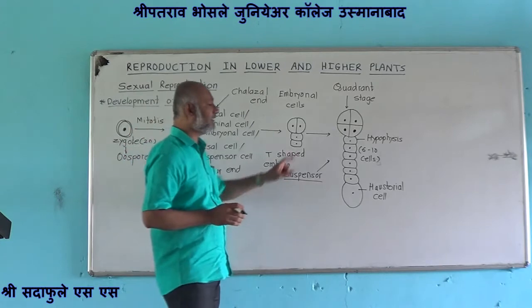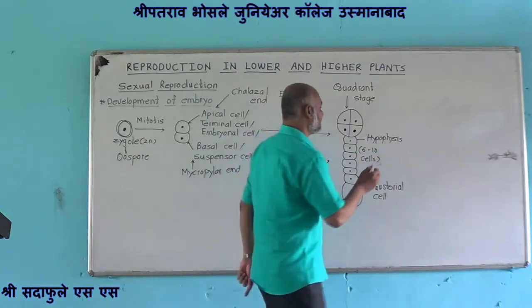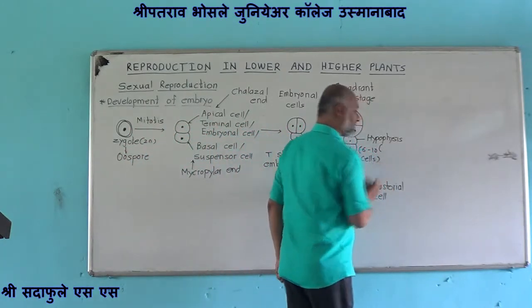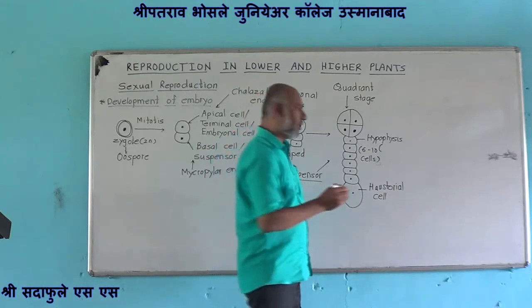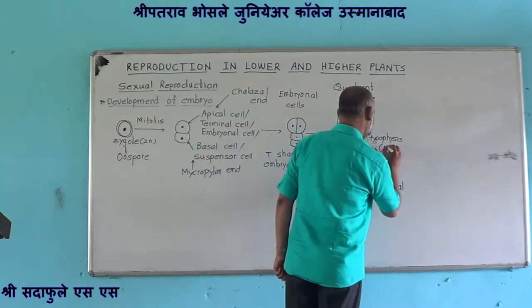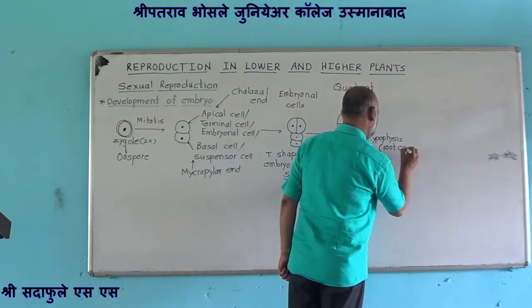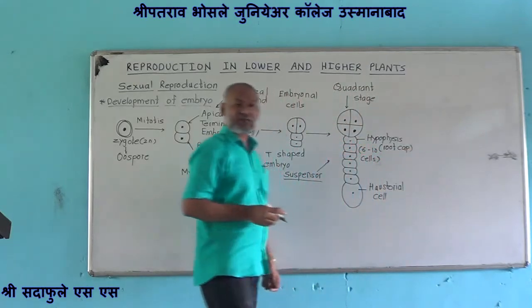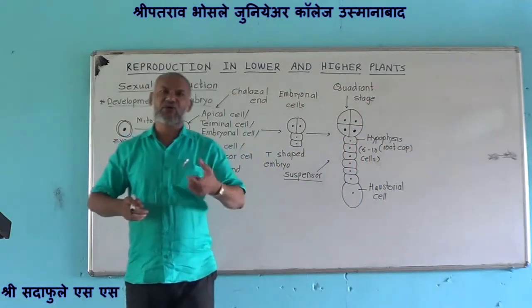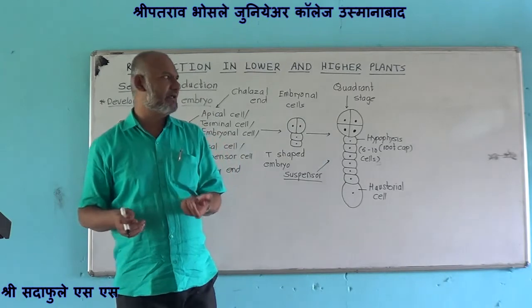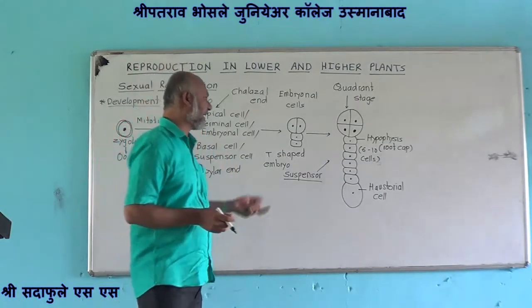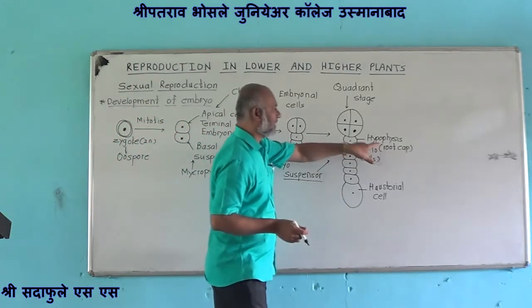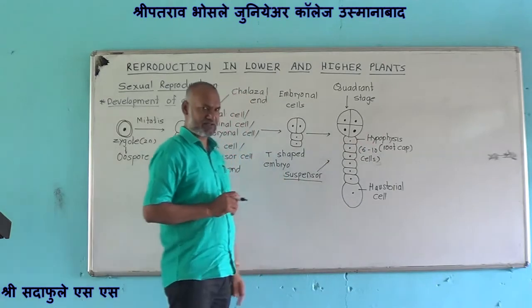Okay. Now, what is the role of this hypophysis? This hypophysis later on forms the root cap. We know in detail about a root: the root is formed by the radicle and shows the presence of a root cap. This root cap is formed by the hypophysis.